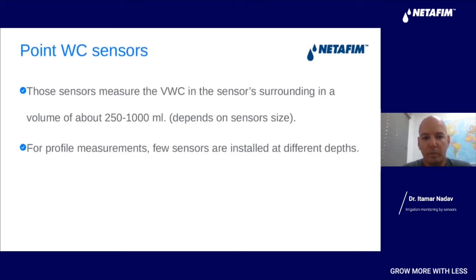So those sensors measure the volumetric water content in the sensor's surrounding soil, in a volume of about 250 milliliters to 1 liter, and it very much depends on the soil and on the sensor size. And for the profile measurements, a few sensors are installed at different depths. If you want to measure the entire root zone, you need to install a few of them.